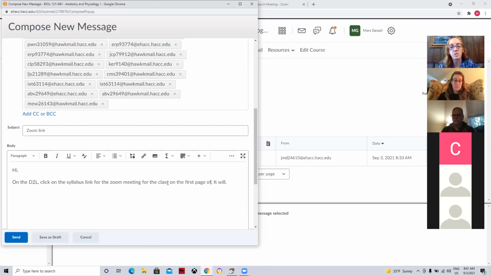On the first page, let's say that. So click on the syllabus link for the Zoom meeting for the class on the first page. Yeah, it's a blue Zoom meeting link. So blue syllabus link for the Zoom meeting for the class on the first page.